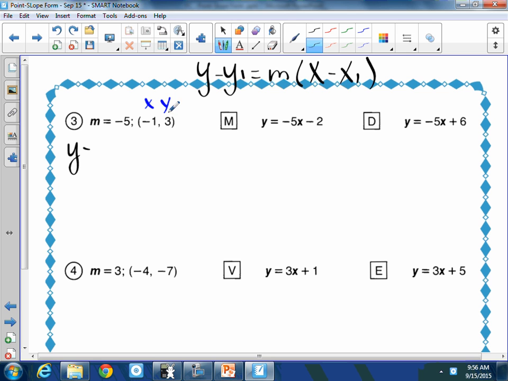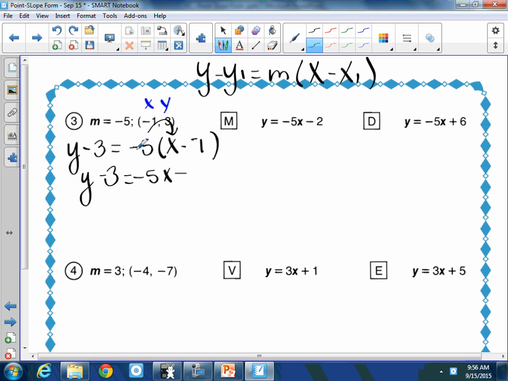Or substitute. Y1 would be 3 equals, my slope is negative 5, and then my x1 is negative 1. Okay? So let's see. Y minus 3 stays the same. I'm going to go ahead and distribute. Negative 5 times x is negative 5x.